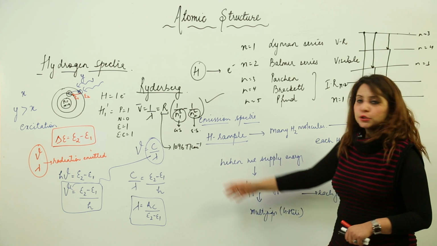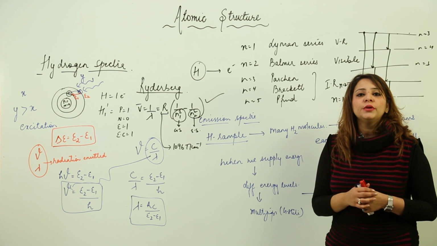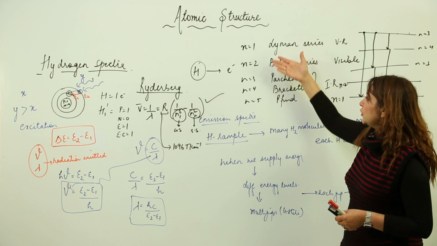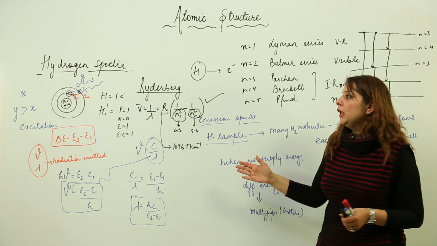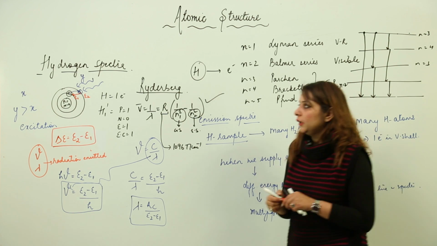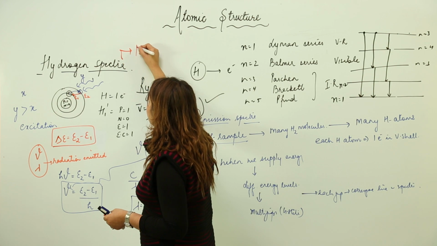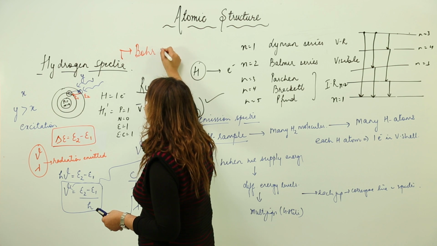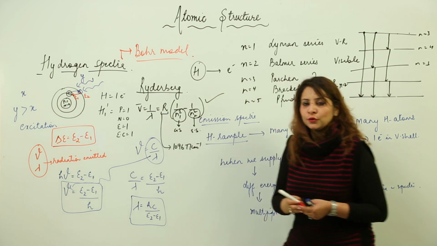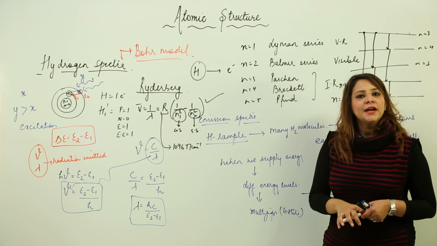And moreover, I told you about the Rydberg formula also in order to calculate the wavelength emitted by the radiations in any of the regions. So this is all about the hydrogen spectra explained on the basis of the Bohr model, and it is one of the usefulnesses of the Bohr model also. Right. So this is what about the hydrogen spectra.